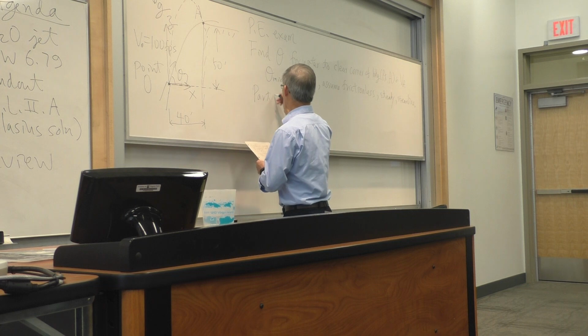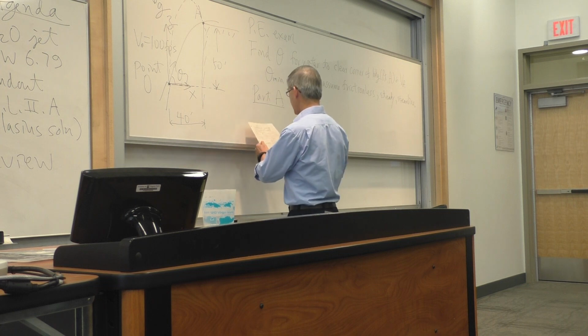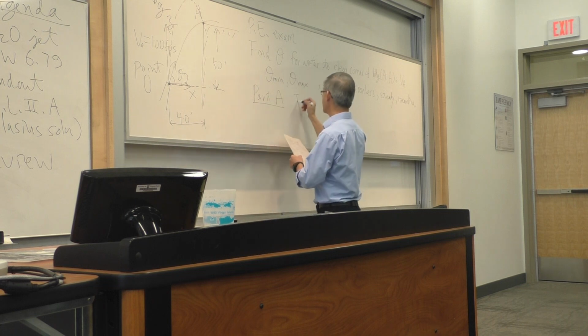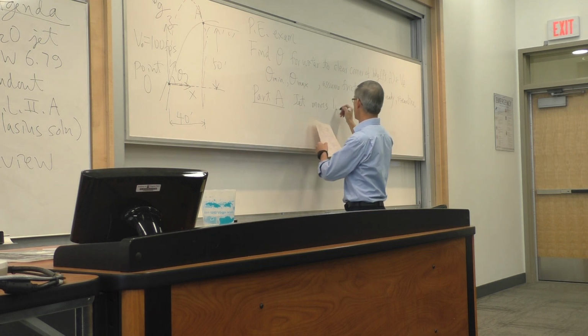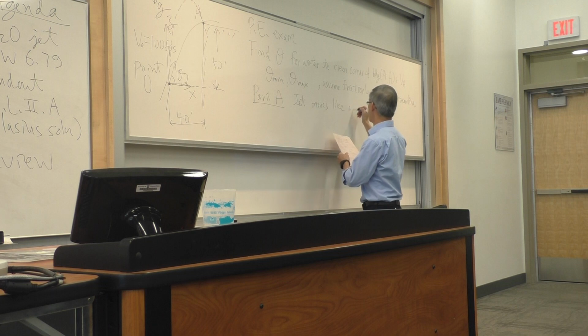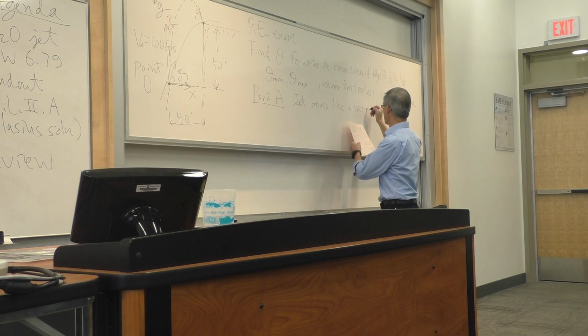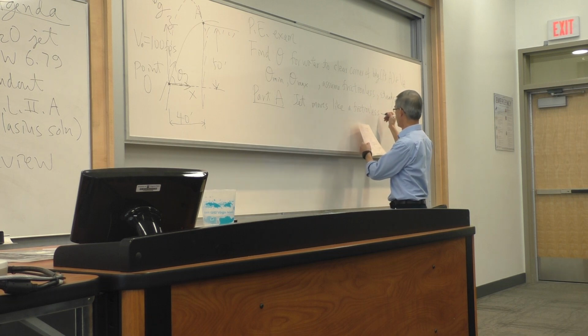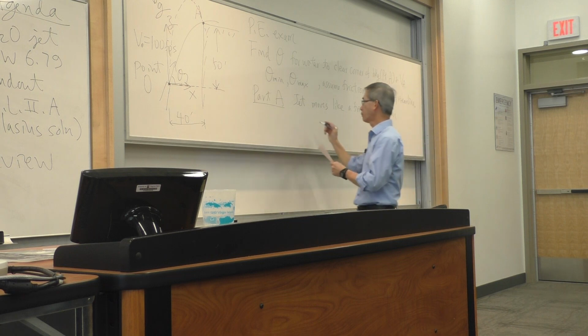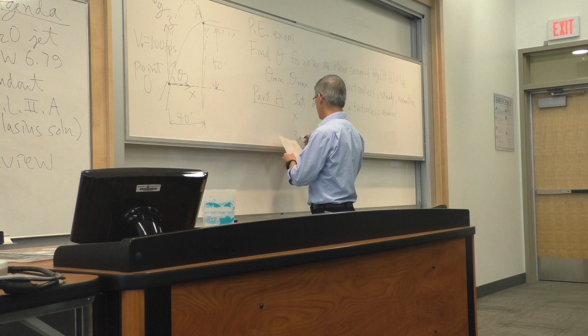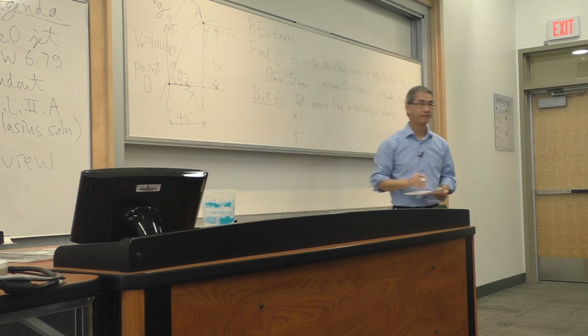So let me review for you the particle dynamics part, and I will do that quickly because it's mostly from your prior classes. I'll call that part A, which exclusively deals with a projectile or particle dynamics. For that, I have two equations of motion in the two directions of interest, x and z.